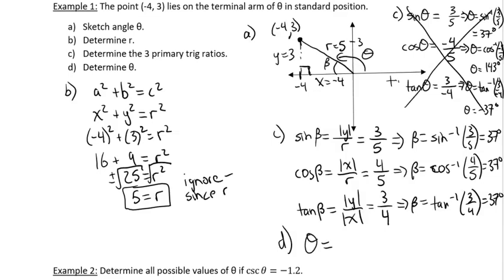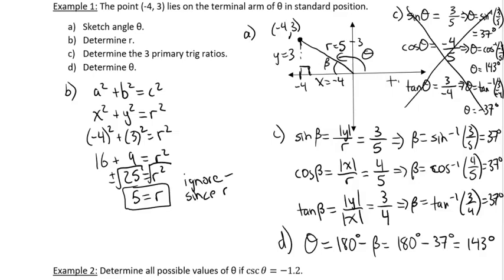theta is equal to, well, this is going to be 180 degrees minus the related acute angle, 180 minus beta. Well, that's 180 degrees minus 37 degrees, which gives me an angle of 143 degrees. So my recommendation is always find the related acute angle first by making a positive ratio, and then interpret which quadrant it's in, rather than trying to figure out all your ratios and have to solve them all.